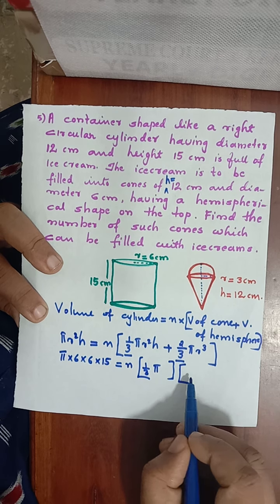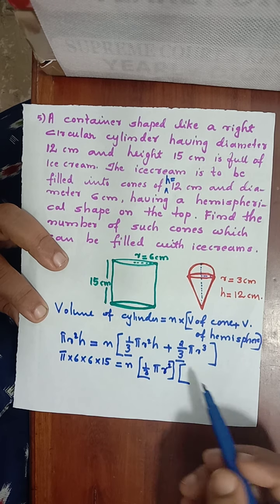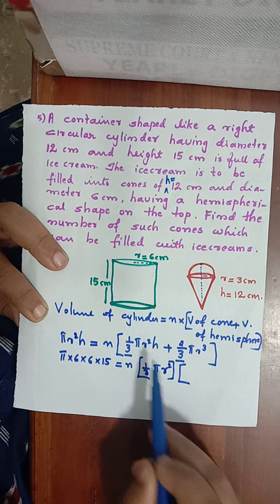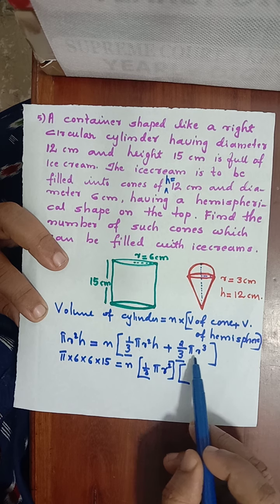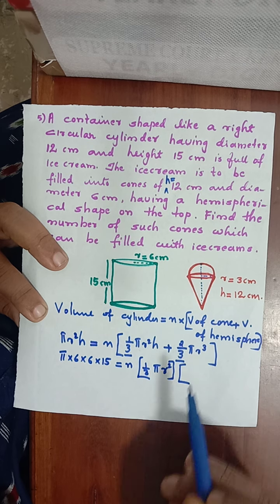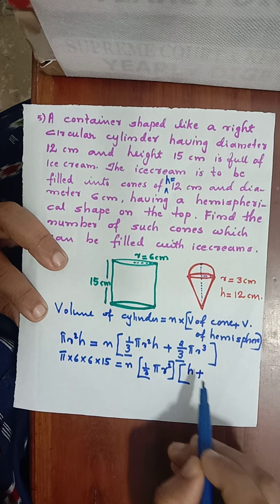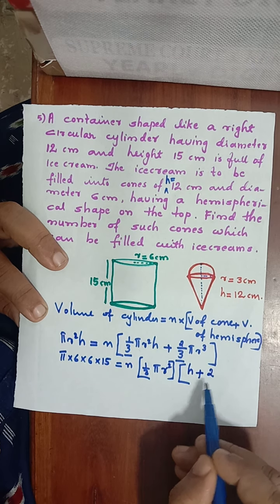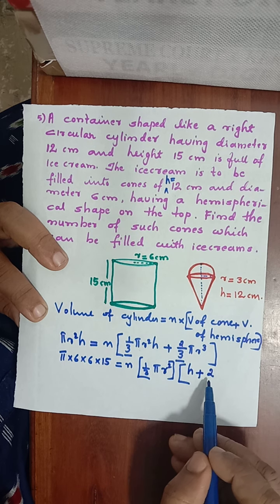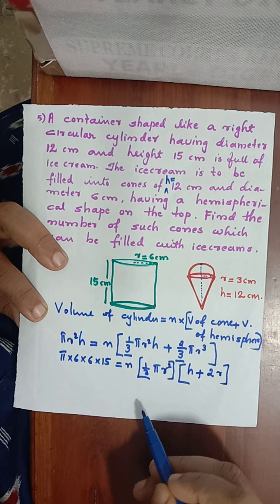Here r square can also be taken out. 1 by 3 pi r square, here also we have 1 by 3 pi r square. 1 by 3 into 2 it is, r square into r it is. So 1 by 3 pi r square outside, we have h plus 2 into 1 by 3, which is 2 by 3 pi r square, one more r will be there.